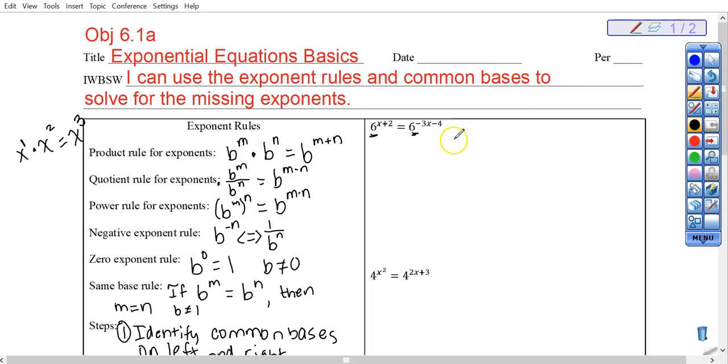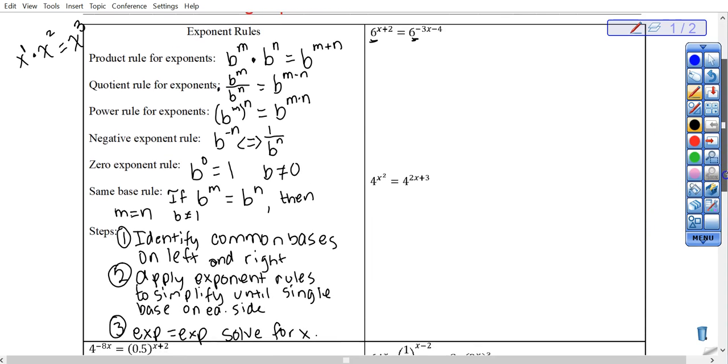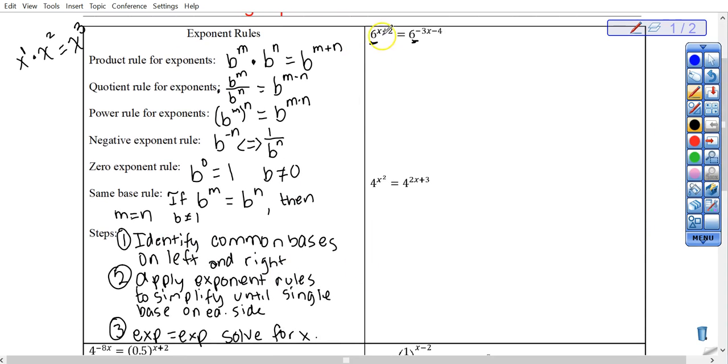Okay, so here we're looking at this problem where we have 6 raised to the x plus 2 equals 6 raised to the negative 3x minus 4. So we're already at this step 2 where we have the same base on the left and the right, and there's a single base on the left and the right.